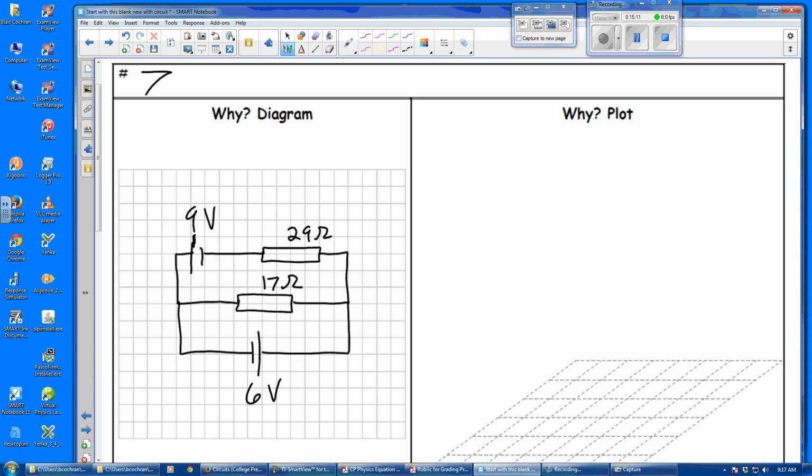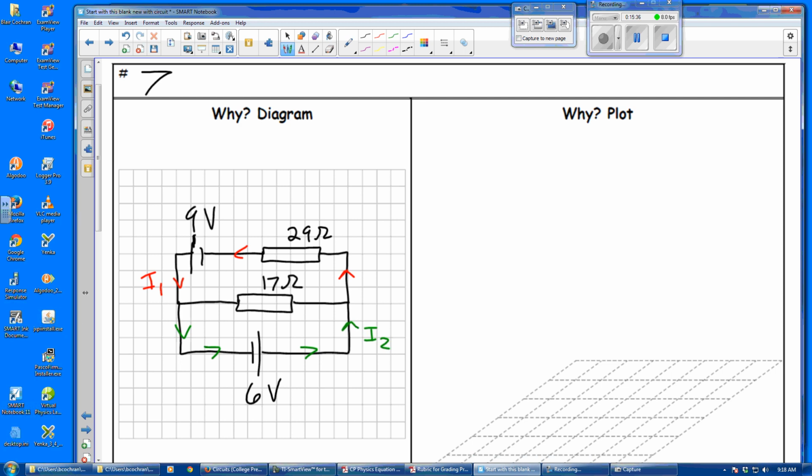I want to go from positive to negative. So I'm going to do I1, and it's going to go around that upper branch like that. And then down here I'm going to do I2, and it's going to go around that lower branch like that. And then my I3 is going to be across the center here.